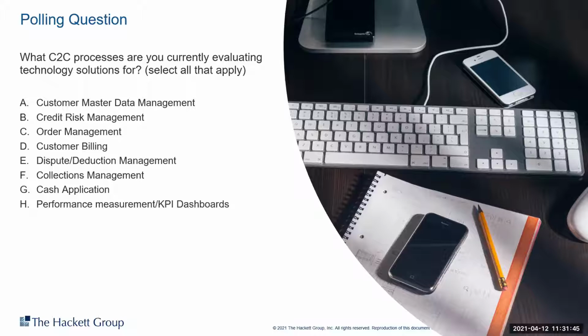We want to know what customer to cash processes are you currently evaluating technology solutions for. You can see we've covered just about all the areas that Veena took us through, everything from customer master data management all the way through to the performance measurement that she mentioned at the end, and then all the key processes. So just take a moment and let us know what you might be looking at now in terms of technology evaluation.